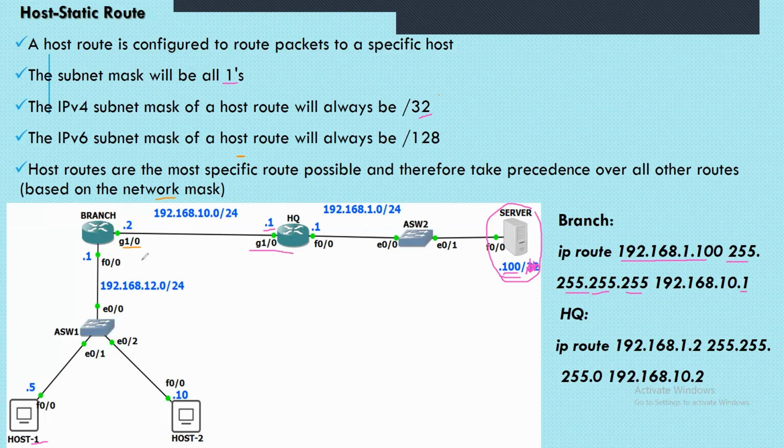And we have to configure the reverse on the HQ router: to access the 192.168.12.0 network, we have to pass through 192.168.10.2. Let's do the lab and see how it's being done.